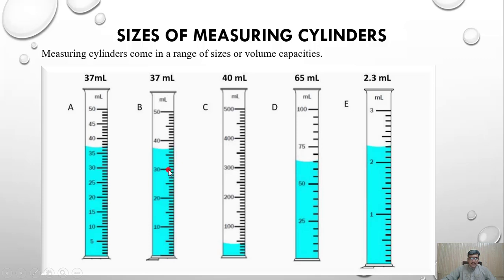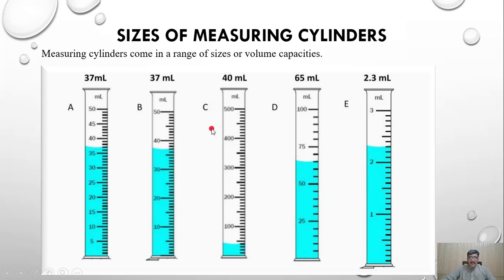It is the 30 mark here and we have 5 divisions here, so it is 35, and after 35 we have 36 and 37 marks, where the level of liquid is aligned with this scale.